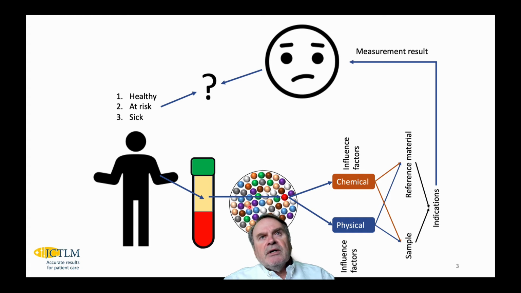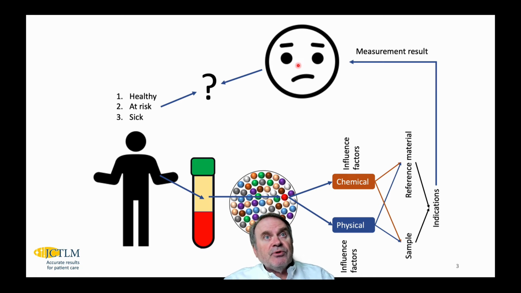Even though the chemical and physical method used both cater for selectivity, they are both subject to influence factors that can lead to falsely high or low concentrations of the measurement result reported.